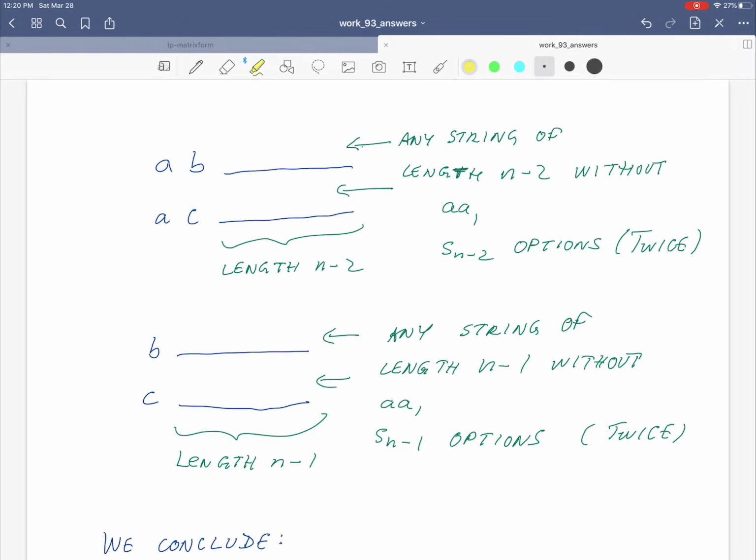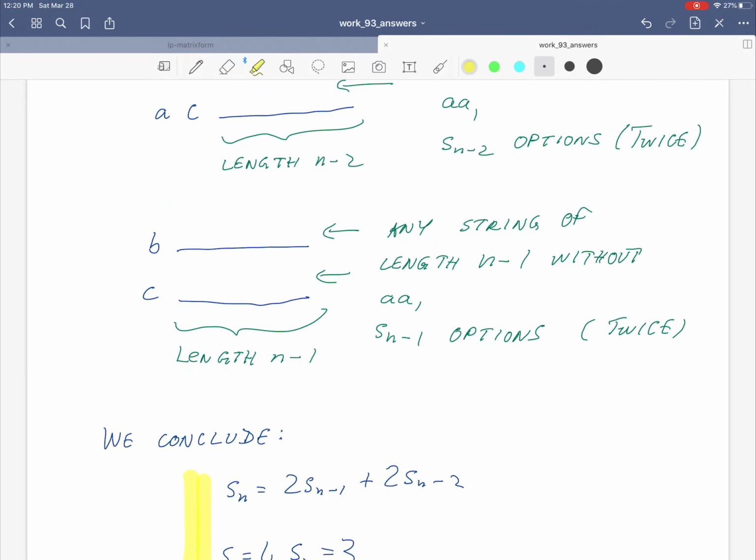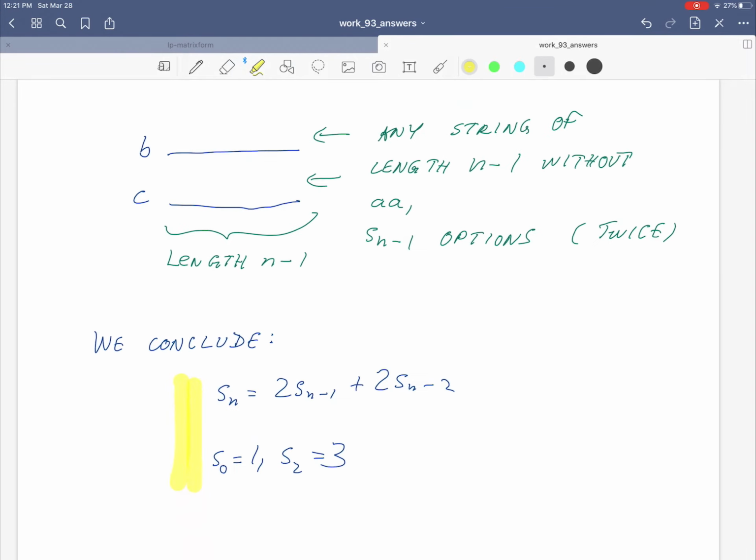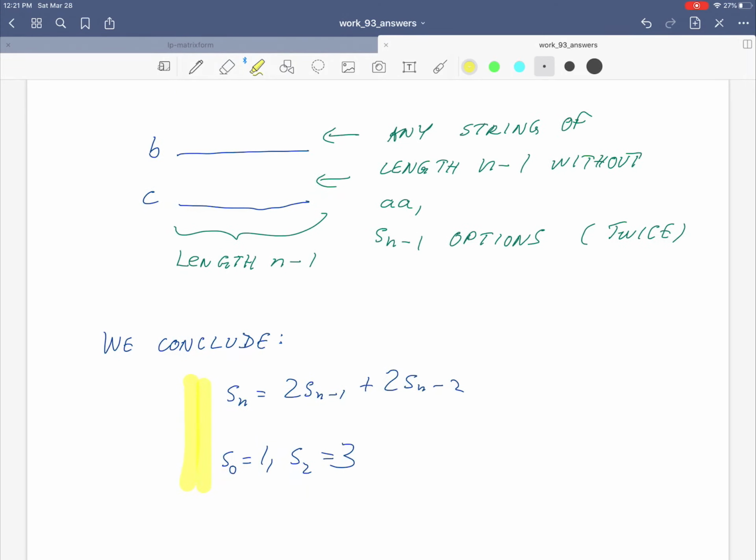If the string starts with B or C, then after B or C we can put any string of length n-1 where we don't repeat AA. We have a name for the number of such strings, that's S sub n-1 in both cases. So altogether we have that S sub n is 2 S sub n-1 plus 2 S sub n-2, counting all the cases.